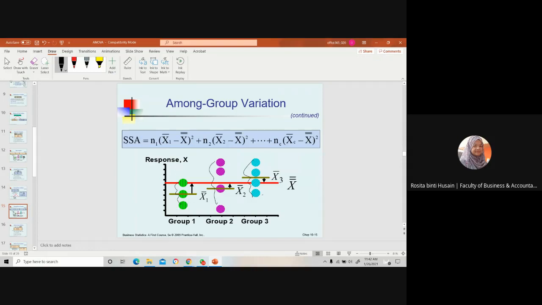Then for SSA you measure the variation among groups by subtracting the mean of each group from the items, meaning you look at the difference between the mean and the values of items in the group. That is the among group variation. And then you look at the difference from the grand mean: the mean of group 1 compared with the grand mean, group 2 mean compared with the grand mean, group 3 mean compared with the grand mean.